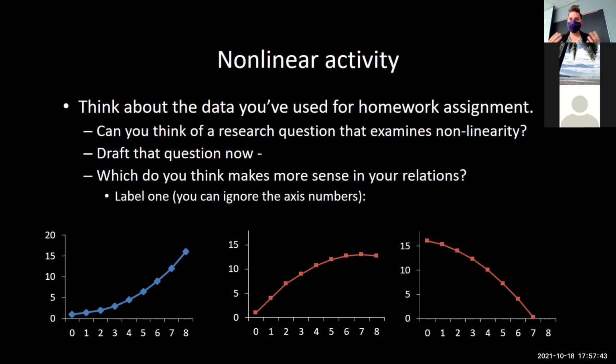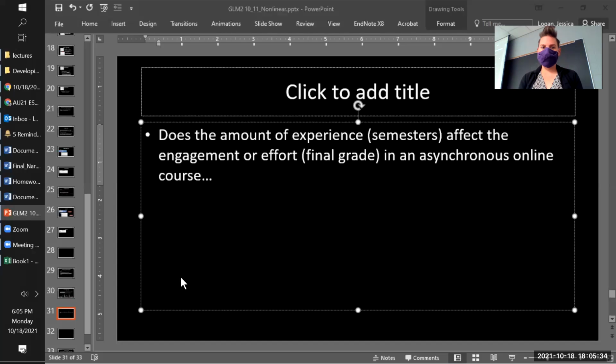So try to use that phrasing to come up with an idea of what you could test. So take about 5 or 6 minutes to do that, and then I'm going to call on a random set of you to share.